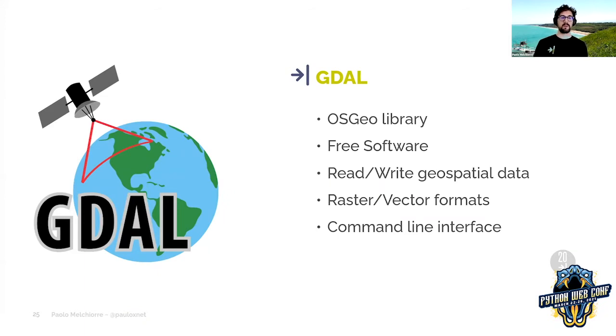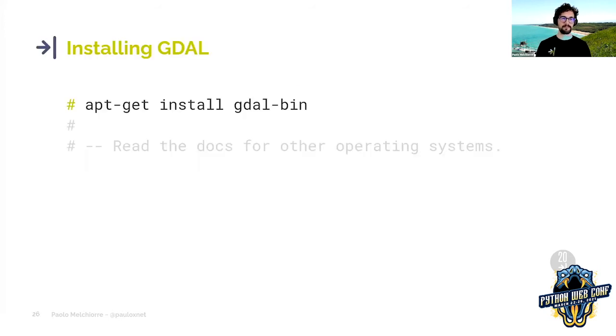It's released with a free software license, and it has a variety of useful command line tools for data translation and processing. To easily install the GDAL package on a Debian-based system, you can use the apt package manager. For other operating systems, you can read specific instructions in the Django documentation.